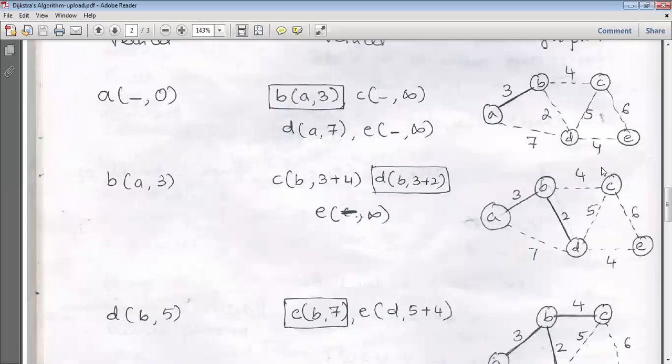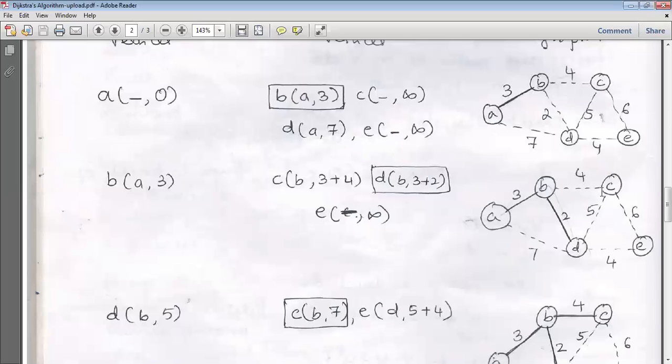See, I can reach C this way also: 3 plus 4 is 7. Even this way I can reach: 3 plus 2 is 5, 5 plus 5 is 10. Two are there now. Among these, as I said in the previous step, according to the relaxation procedure, because we have already reached B, I can go from here to C, or I can come from B to D, D to C. But according to the single source shortest path algorithm, the minimum distance has to be considered.